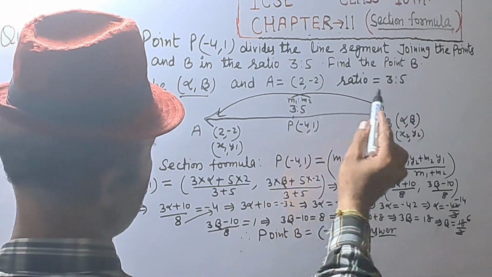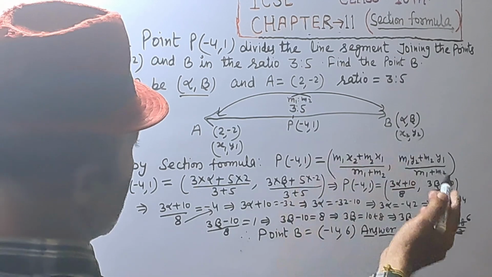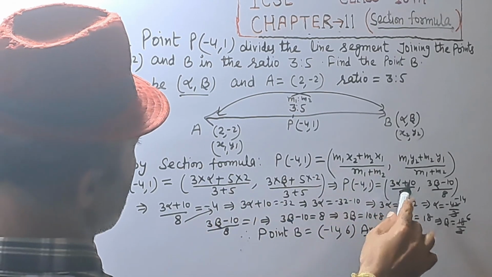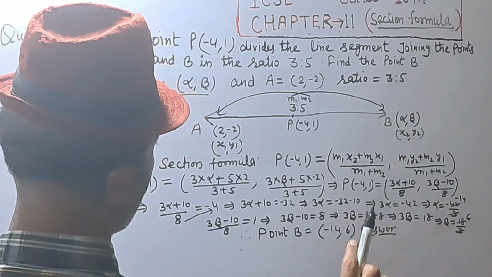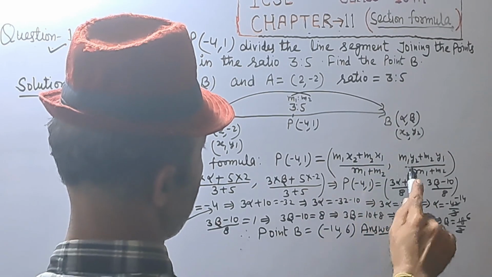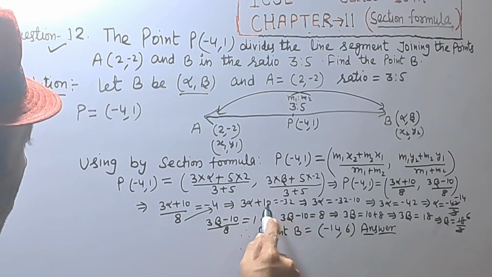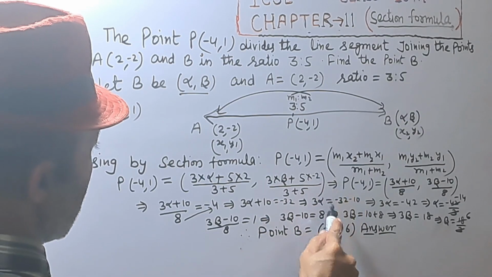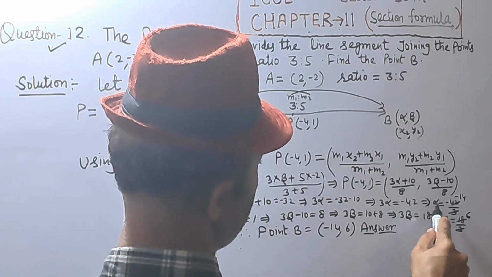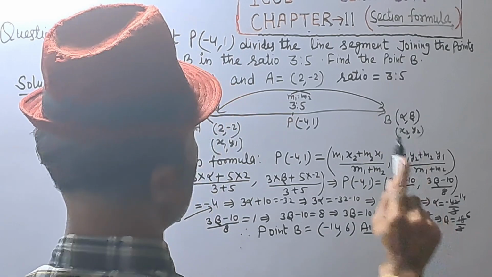And similarly 3 multiplied by beta plus 5 multiplied by -2 divided by 3 plus 5, that is equal to P(-4, 1) as it is, and (3 alpha plus 10)/8, (3 beta minus 10)/8. We compare the first point and find the value of alpha, that is (3 alpha plus 10)/8 is equal to -4, and 8 multiplied by 4, that is equal to -32, and 10 is shifting right, this will be negative, and -32 minus 10, that is equal to -42. 3 alpha is equal to -42, which implies alpha is equal to -42 divided by 3, that is -14, 3 14s are 42, and we find the value of alpha.